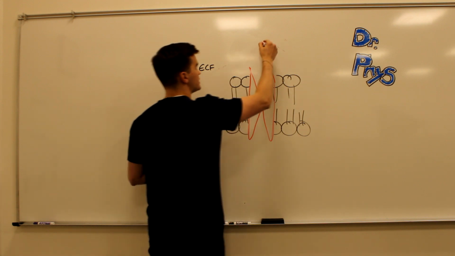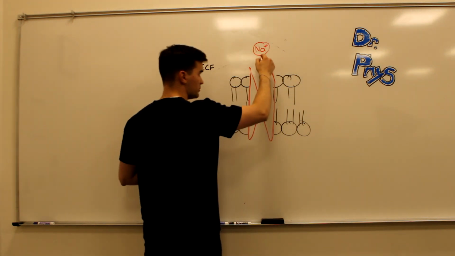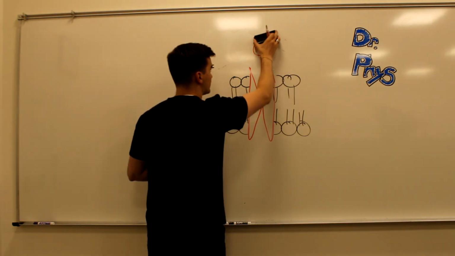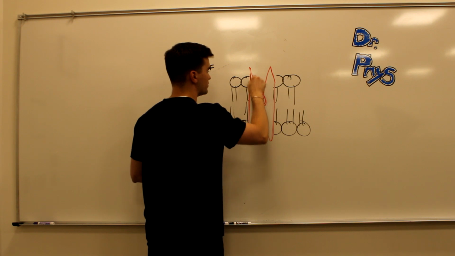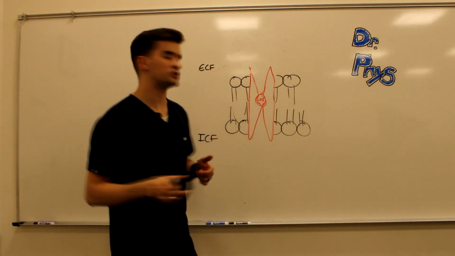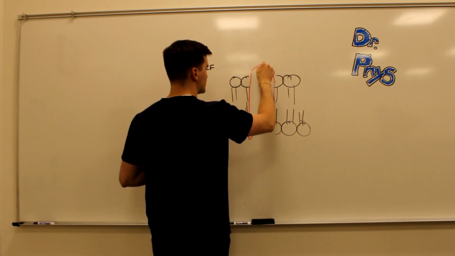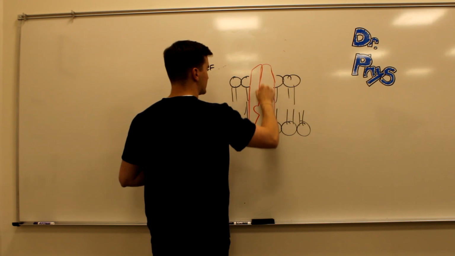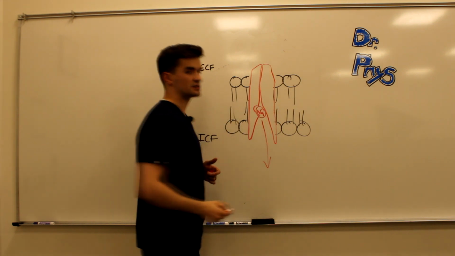Say this were a carrier channel that's specific to sodium. Sodium would come in and attach to the carrier channel. The carrier channel would recognize that this is a sodium ion, and then something called a conformational shift happens. The entire protein itself will shift from being open like this on the outside to open like this on the inside, allowing the sodium ion to flow into the cell.